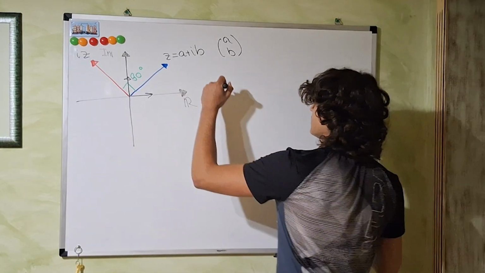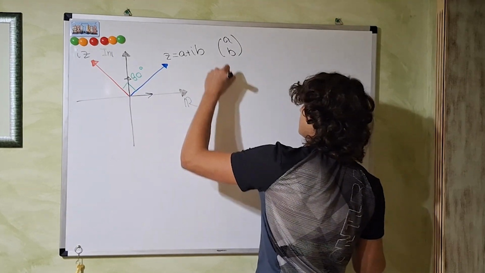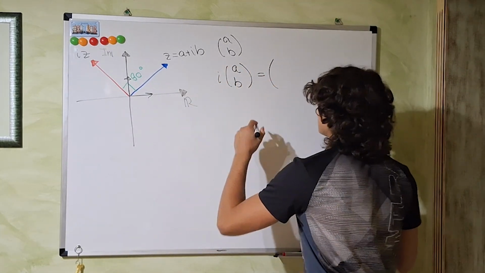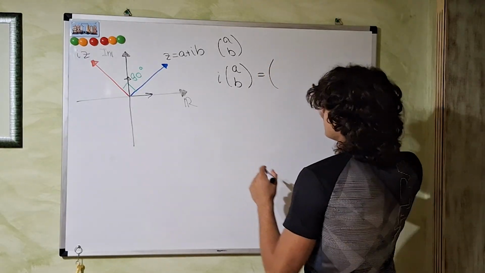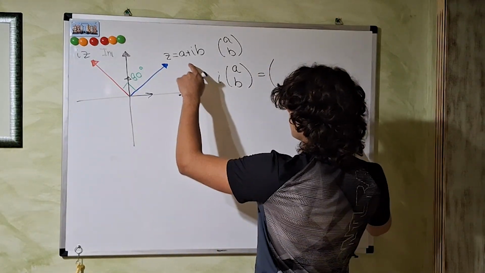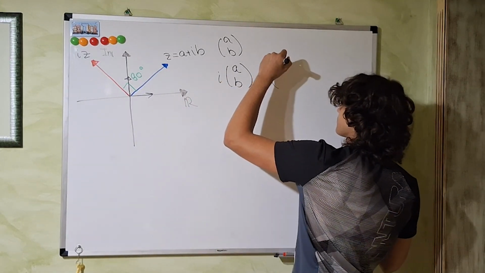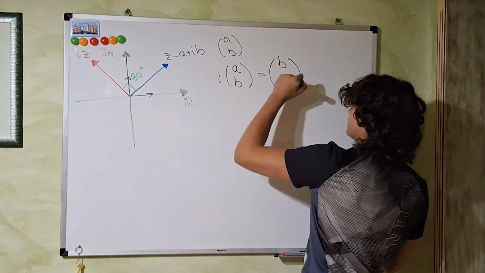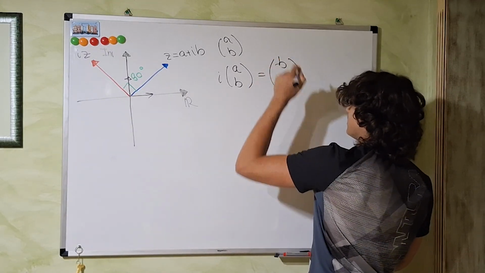So we saw that i times (a, b) gives us the vector having coordinates, well, if we do the product again, we get (minus b, a).